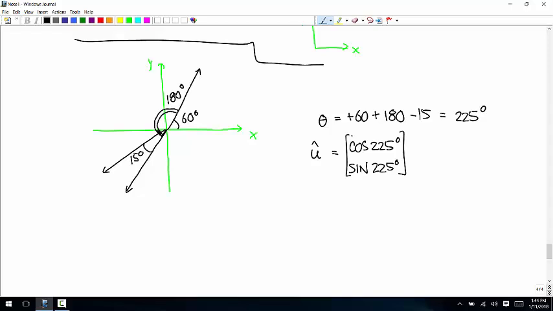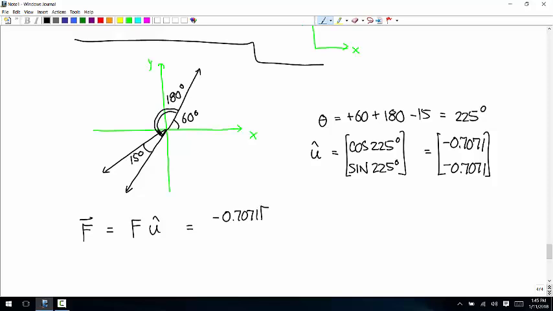So that is negative 0.7071, negative 0.7071. Let's see. Now that's the unit vector. Then the force vector is the magnitude of that force, F, times that unit vector. So you get negative 0.7071 F, negative 0.7071 F.